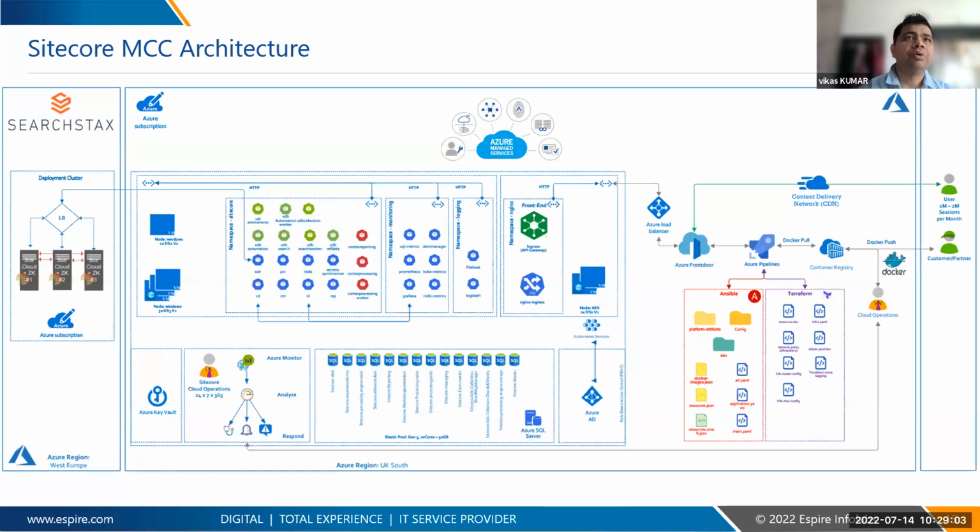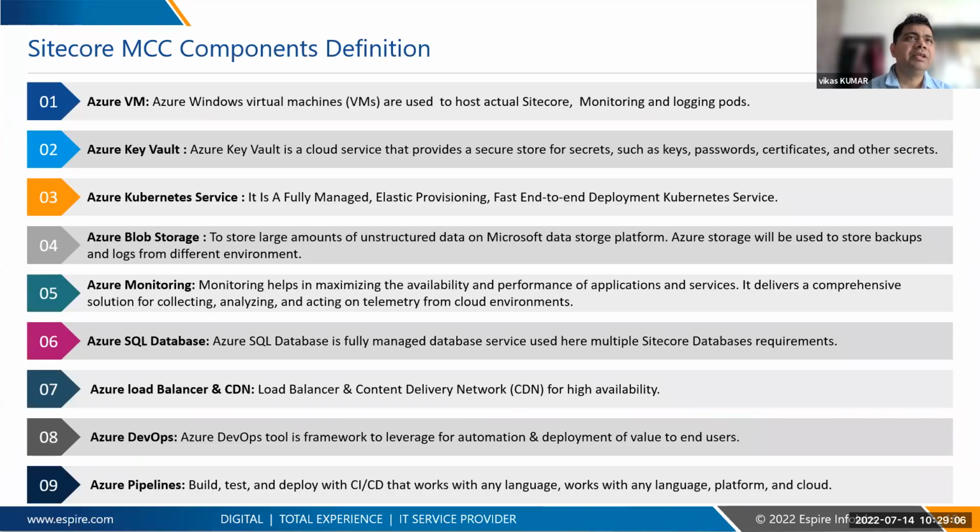You see different components. We have defined all the components used here, like the VM, the Key Vault, Azure Cognitive Services, and blob storage for backups and everything, right? So storing logs as part of it. Then monitoring services using multiple systems.